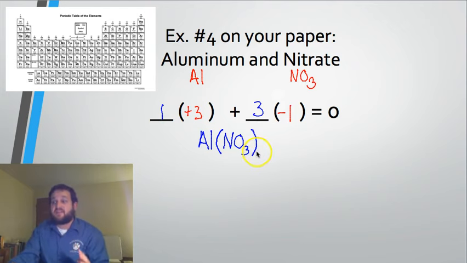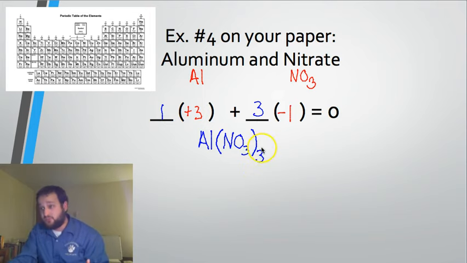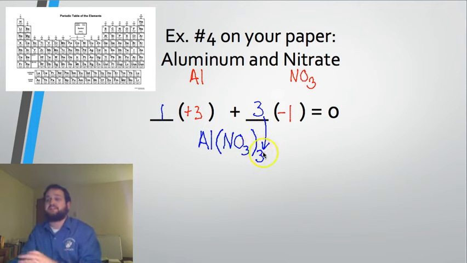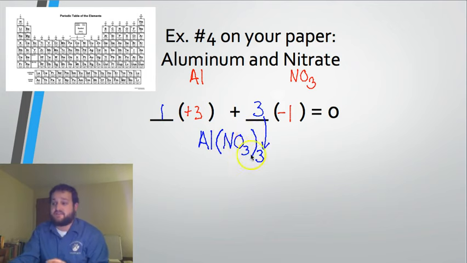And I want 3 of those, right? I want 3 of those polyatomic ions. So this 3 that I've placed on the outside is the 3 from the line. That's applying to everything inside the parentheses, but not the aluminum.